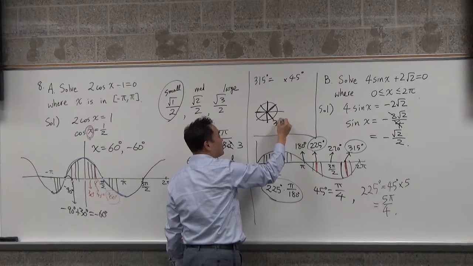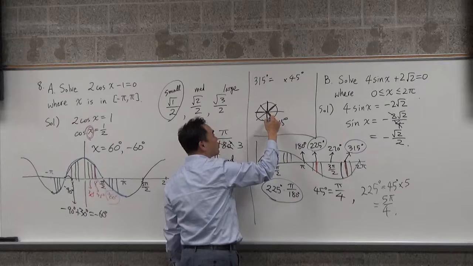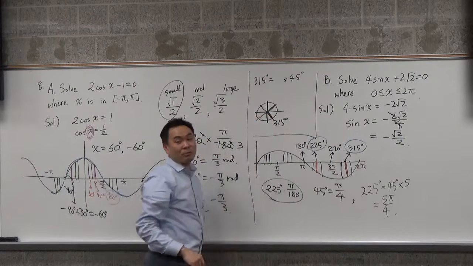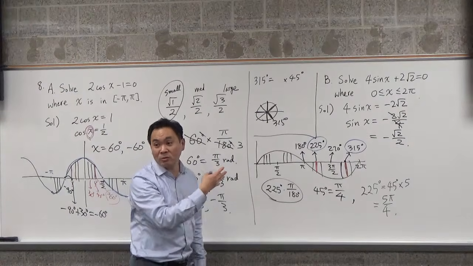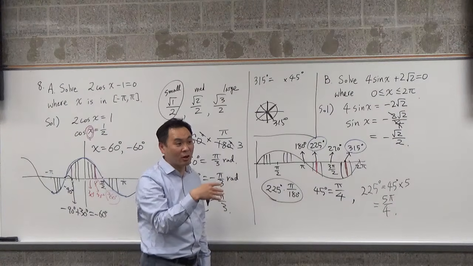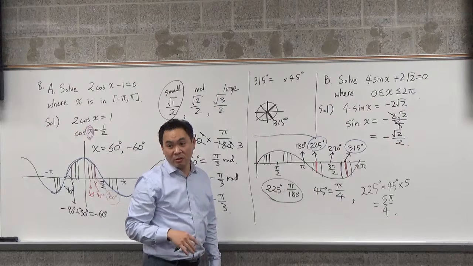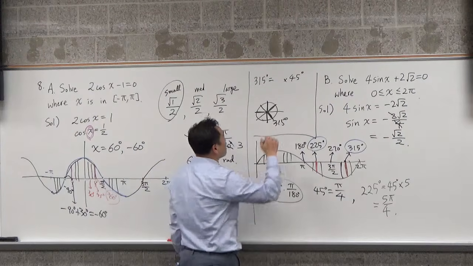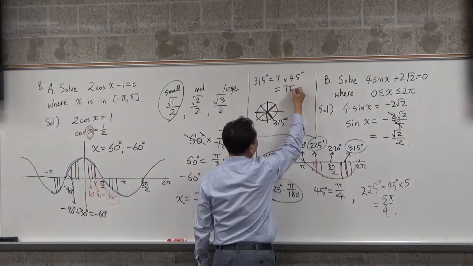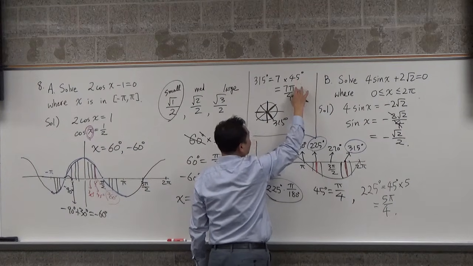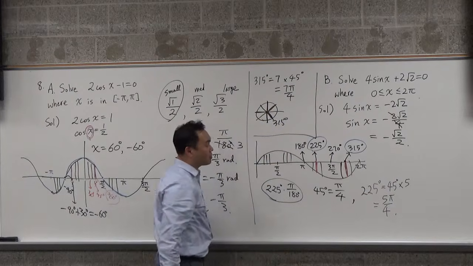This is 315, right? So it requires 7 pieces of 45 degree pizza. That's a quick way to figure it out, rather than having to calculate this. It's more intuitive. So this is 7 times 45, which means you get 7 pi over 4, because 45 degrees is pi over 4.